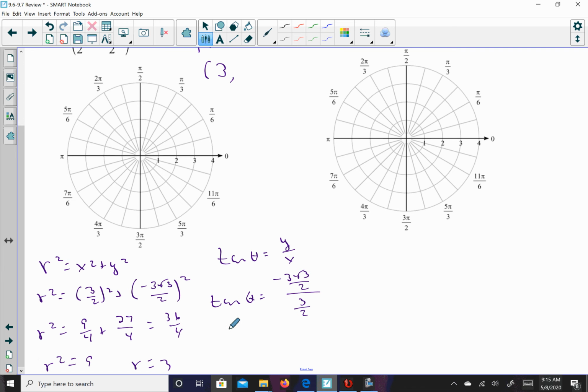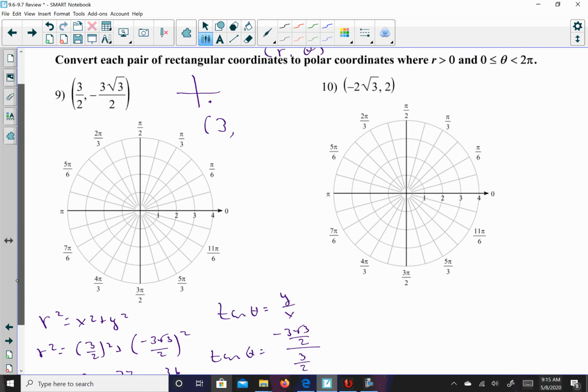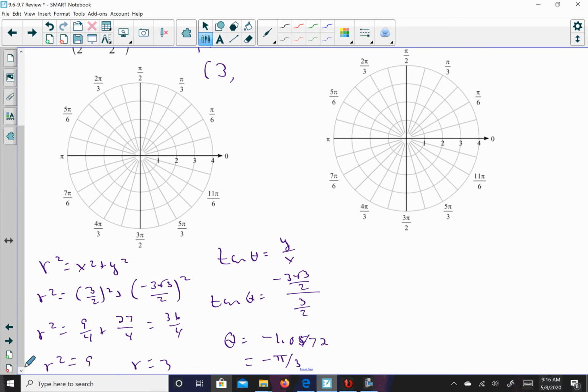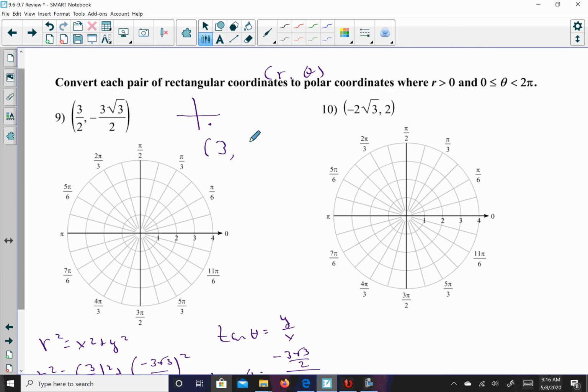When you do that, you're going to get theta is equal to, as a radian, negative 1.05-ish. It's 1.047. And those of us who know our unit circle, we know that's negative pi over 3. So I'm going to write negative pi over 3.